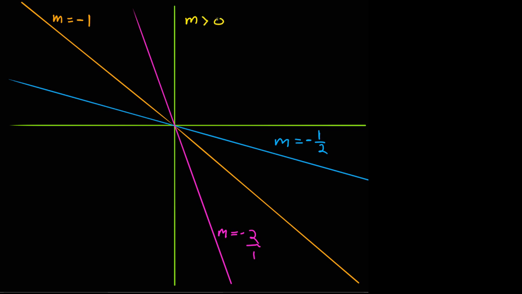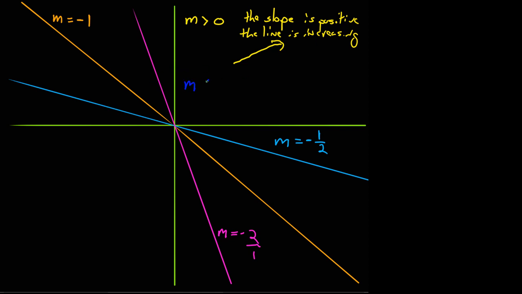If m is greater than 0, that's saying the slope is positive. The line is increasing. And so I'll just draw a line like this. That's what an increasing line does. It moves in that direction.